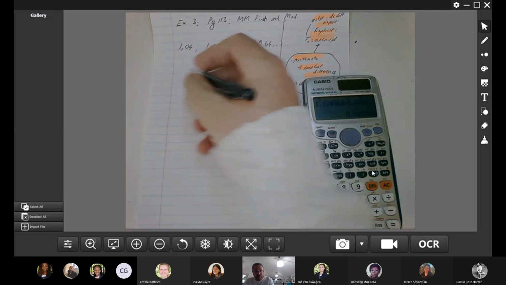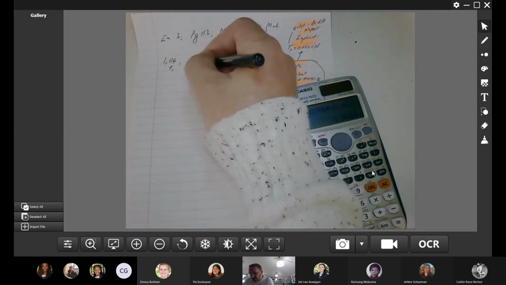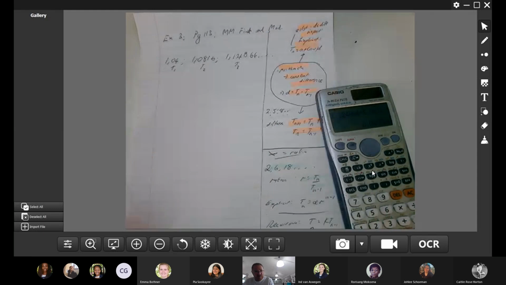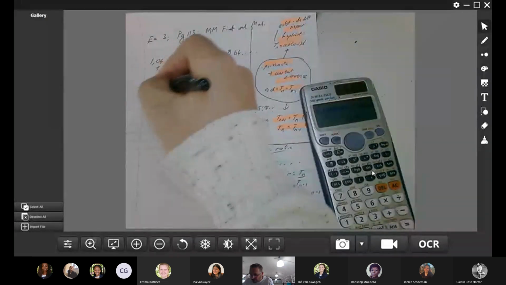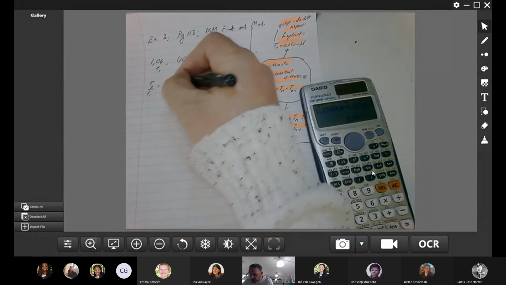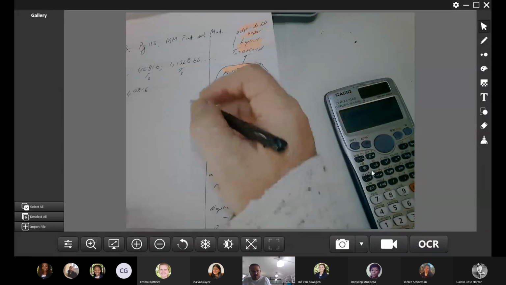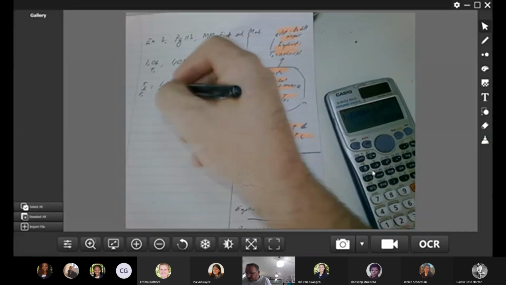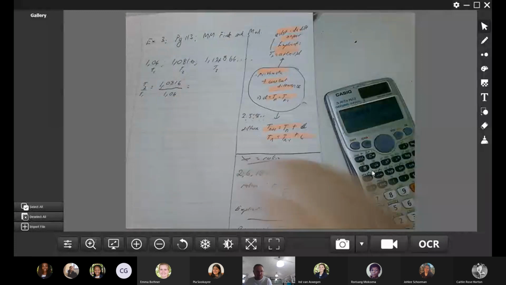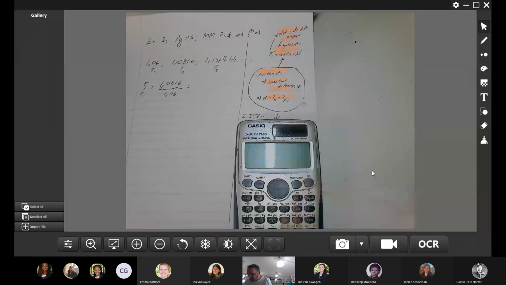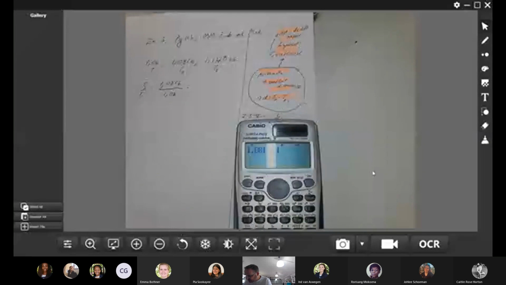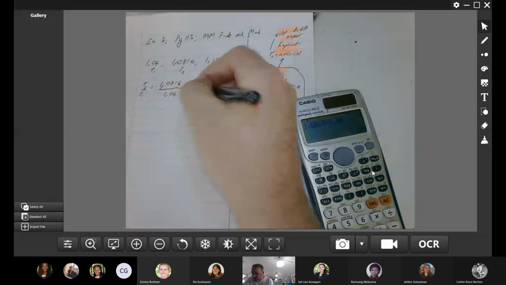To check if it's geometric, here's term 1, here's term 2, here's term 3. You don't have to write this down, by the way. If I went term 2 divided by term 1, in other words 1.0816 divided by 1.04, and I work that out, I get 1.04 as my answer.